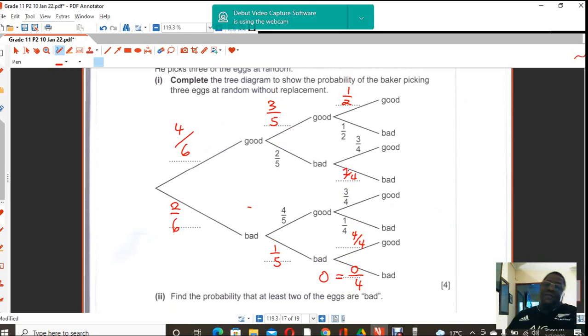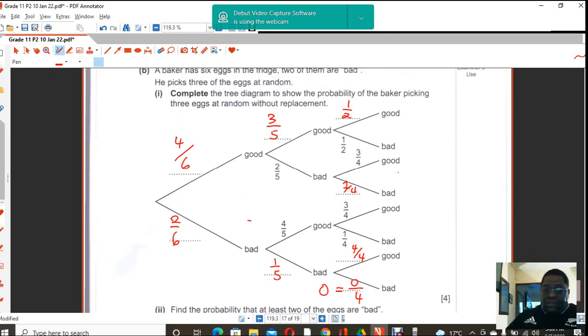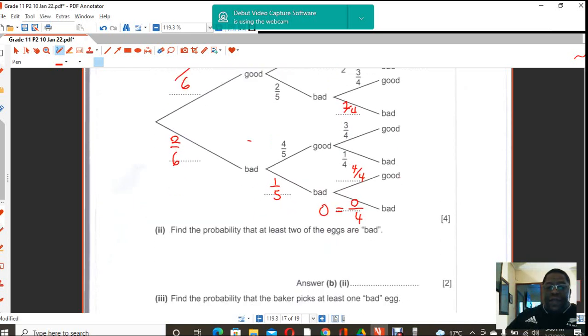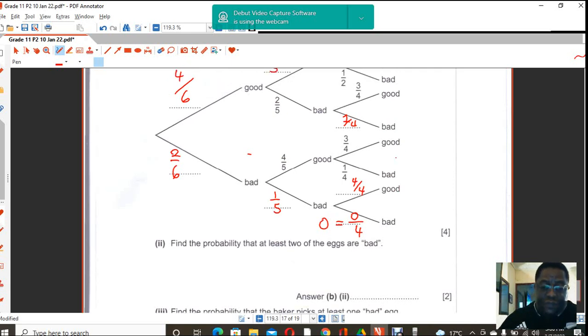Now, I know it must have been a bit too fast, but again, as I said, read the question and then you will understand. Find the probability that at least 2 of the eggs are bad. So we are looking at combinations now. Right, so at least 2 are bad. So let me start all the way here.